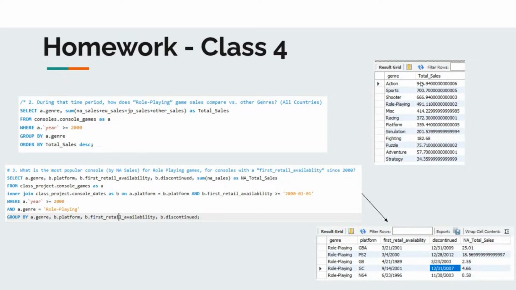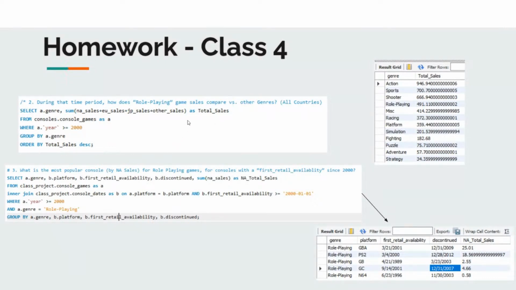I believe these are in millions. So then I ordered them, and you can answer the question. Genre action was the highest selling game genre since 2000.